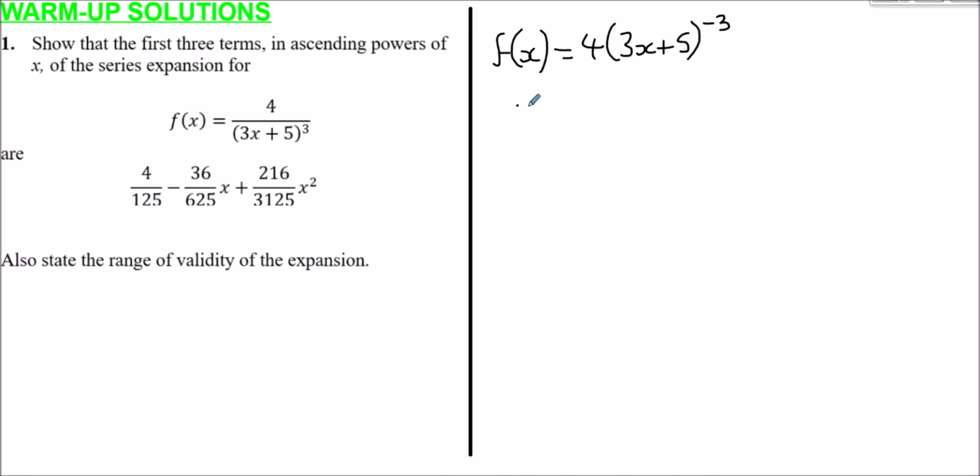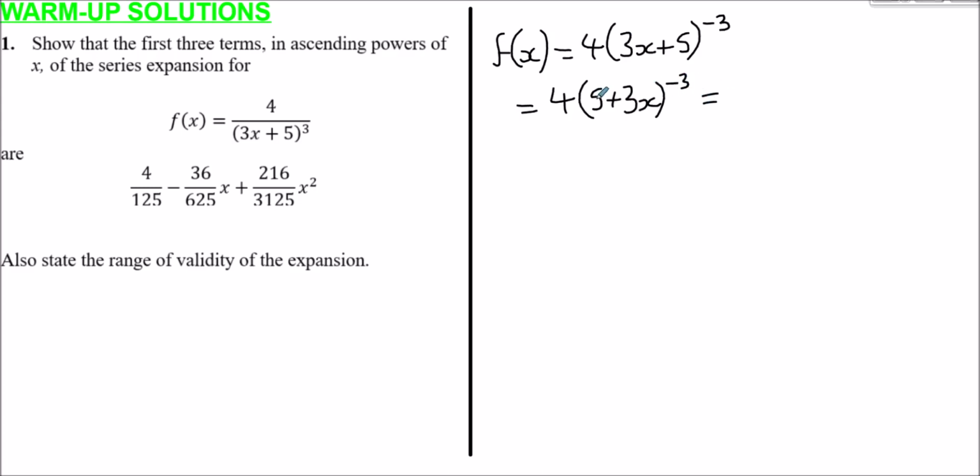So next up, we're best doing it so that the constant term is first and the variable x is second. So I'm just going to rewrite it as (5 plus 3x) to the minus 3.